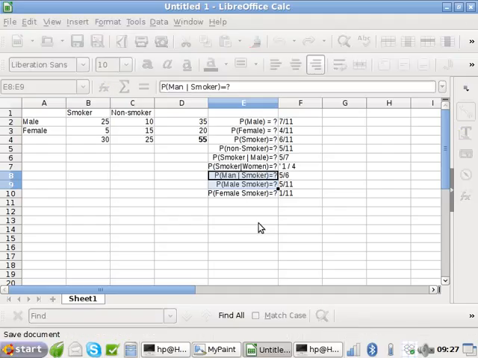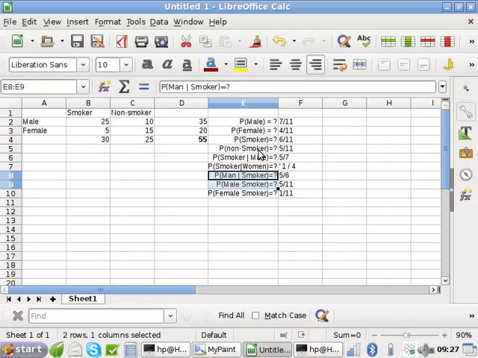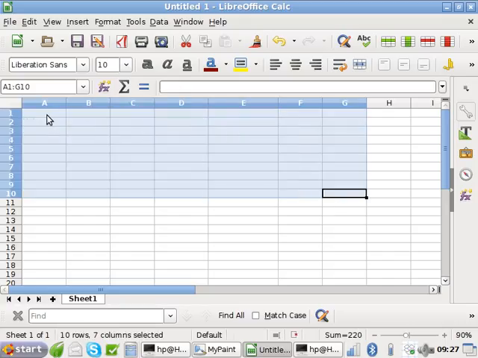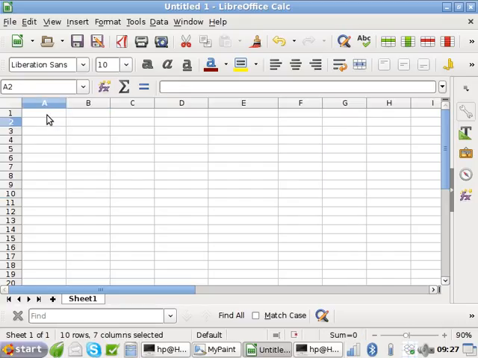So we've done male, female, smoker, non-smoker, a smoker among the males, a smoker among the women, probability of getting a male smoker, probability of getting a female smoker. Okay, I need to delete this to make more space. Can I delete this? Yes? Okay.